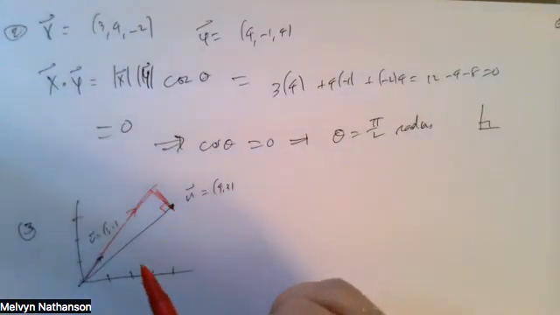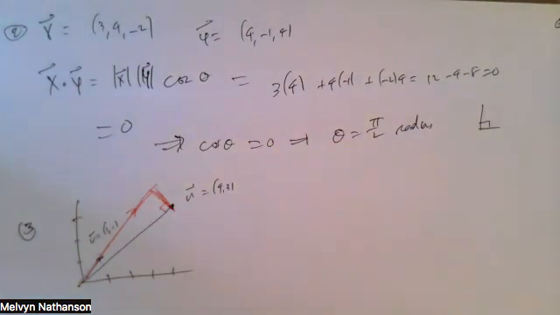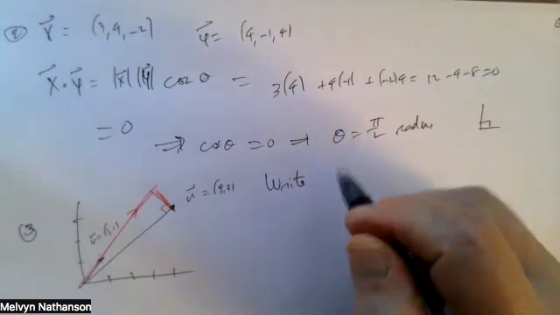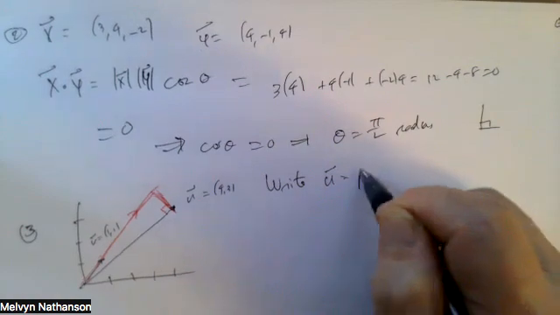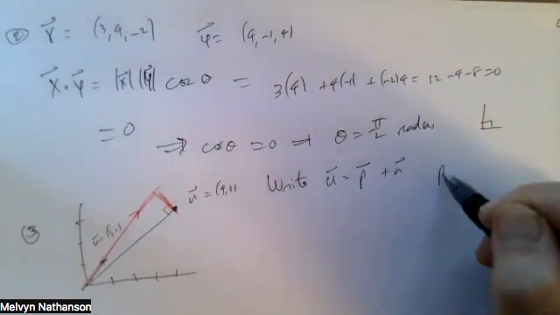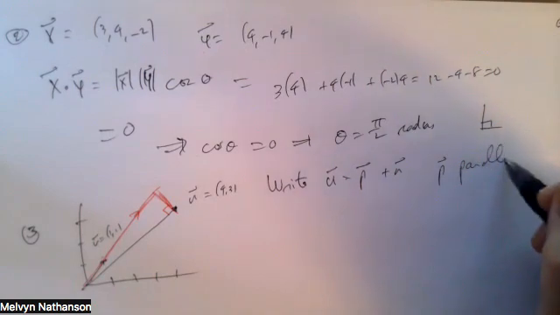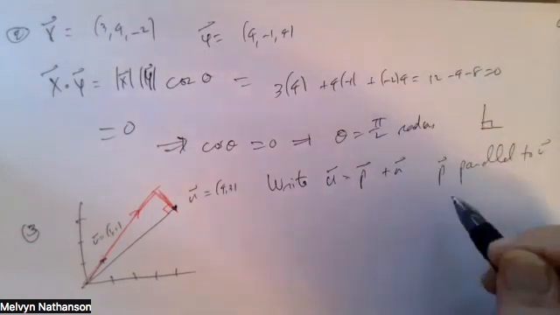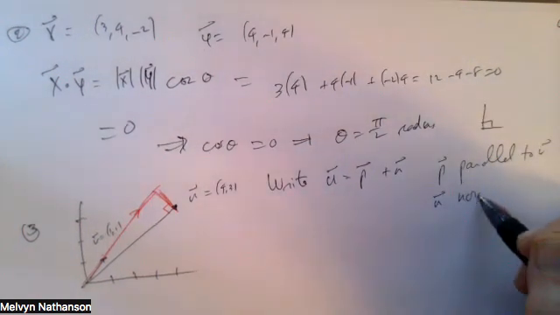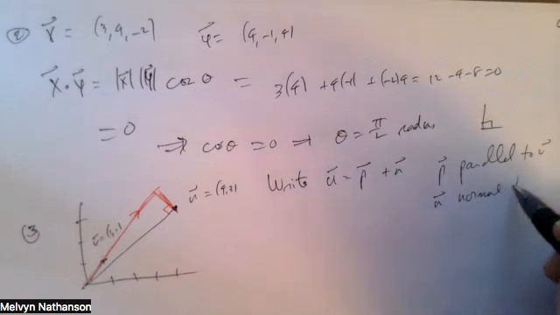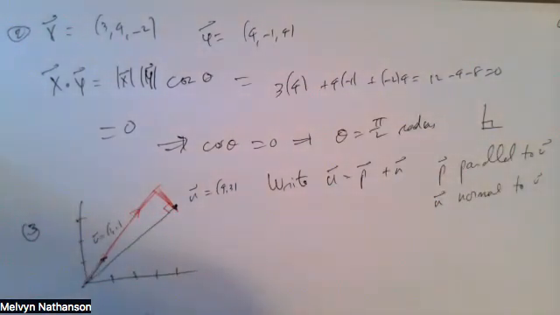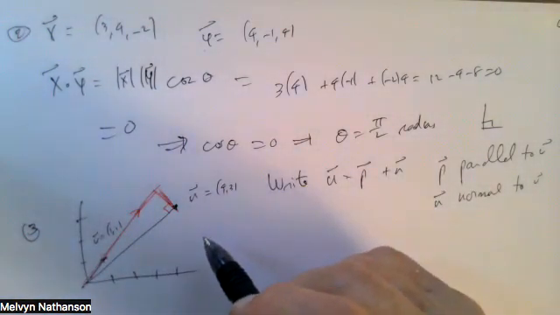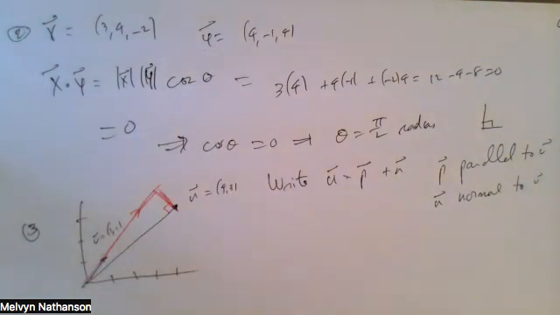So the problem is to write u as p plus n, where p is parallel to v, and n is normal or perpendicular or orthogonal to v. So to find the parallel, we need to find the component of u.